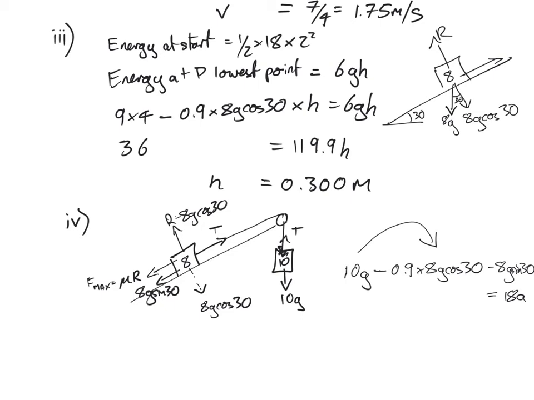Let's work it out. 10 times 9.8 minus 0.9 times 8 cos 30 minus 2.3.